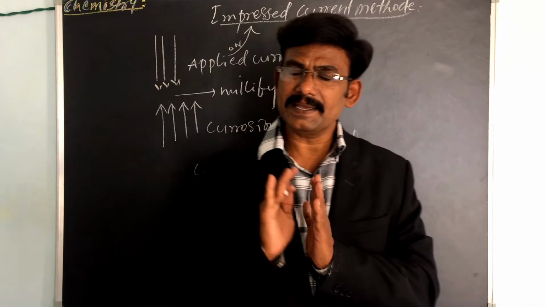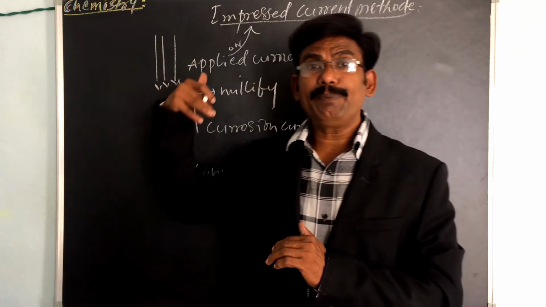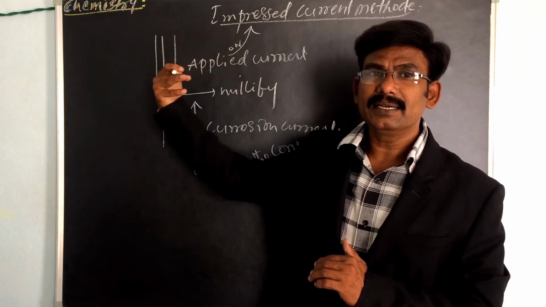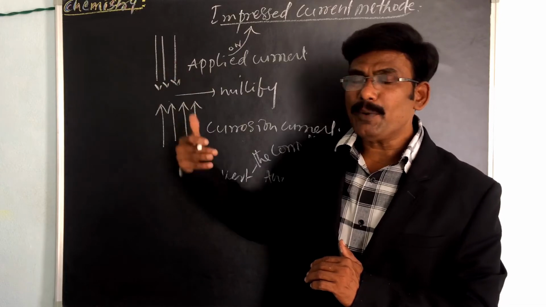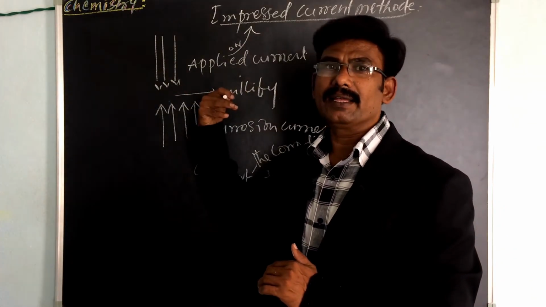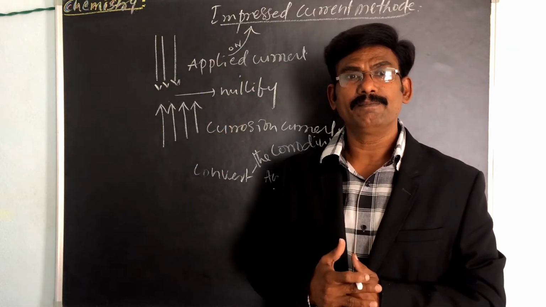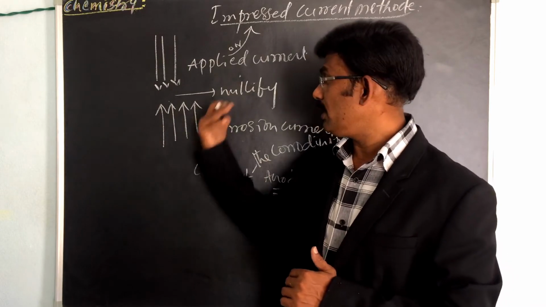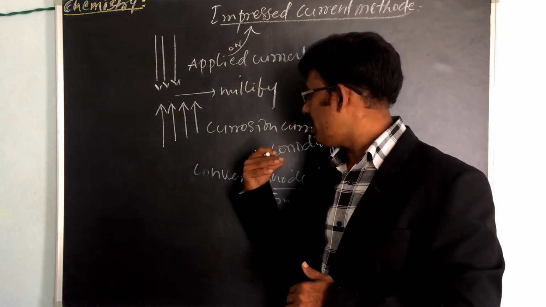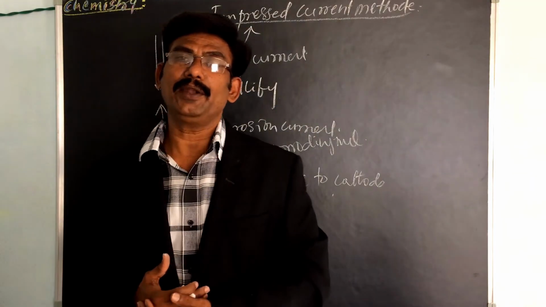So this is just the definition. What is the definition once again? An impressed current is applied in the opposite direction to nullify the corrosion current and convert the corroding metal from anode to cathode.